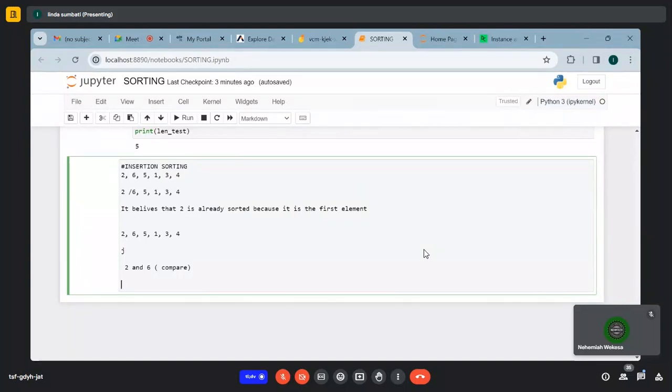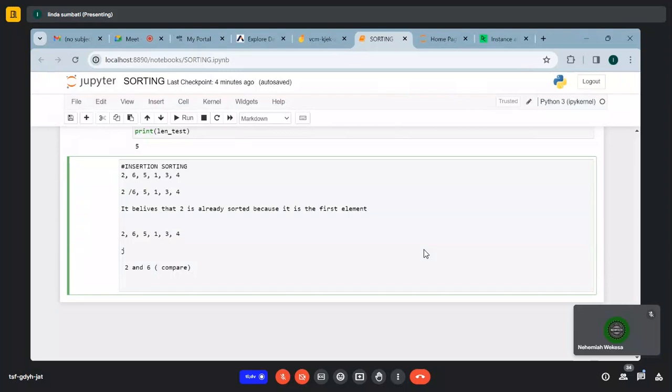Because the next element is 6, it will compare it with 2. And because 6 is greater than 2, then it will assume that 6 is already sorted. Yes. So that means if it goes and finds out that the second element was 1, then it will compare 1 to 2, and see that 1 is less than 2. So let me move 1 to the first place, then 2 will come to where 1 was. From my understanding of how you are explaining. Exactly. That is it. Okay, thank you.